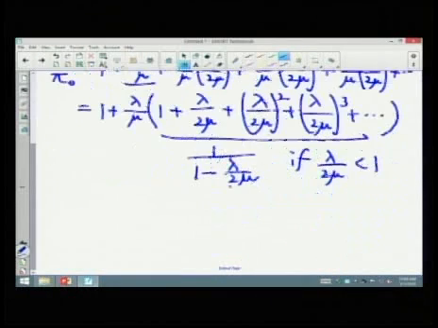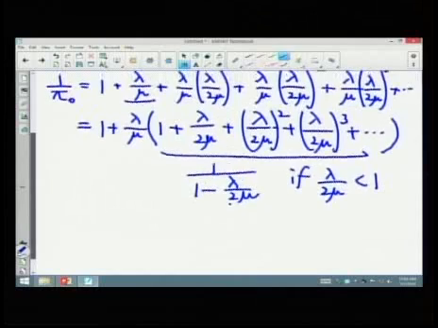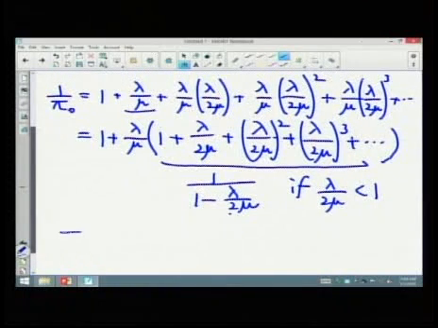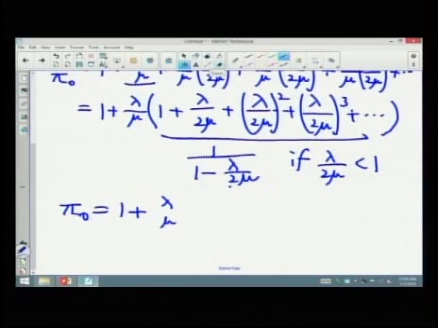So from here, we can say that pi 0 is equal to 1 plus lambda over mu, I'm sorry, there is pi 1 over pi 0.